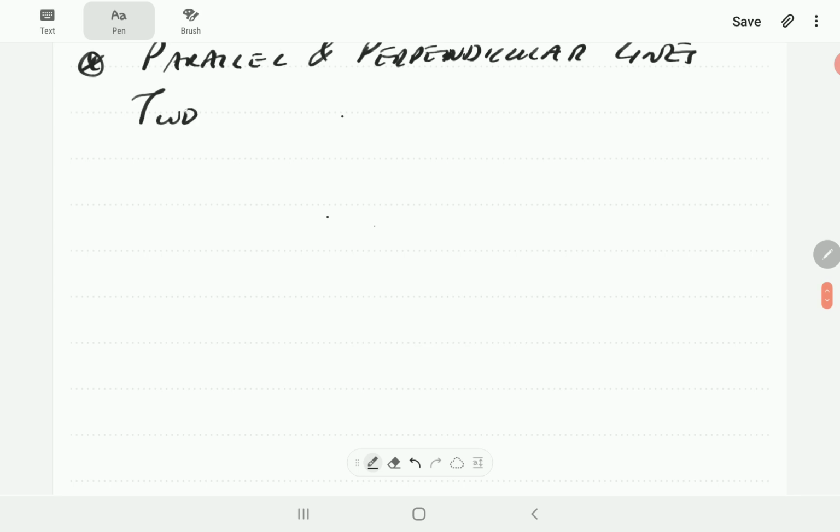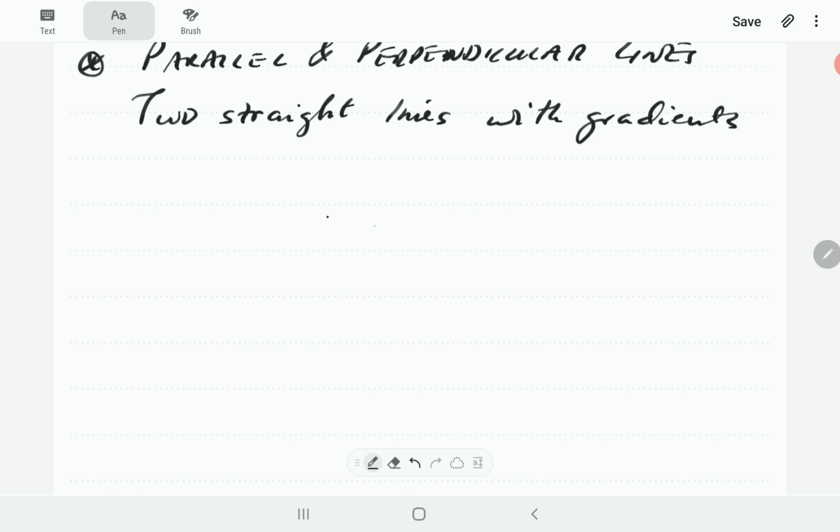Two straight lines with gradients m1 and m2 are going to be parallel if m1 is equal to m2.